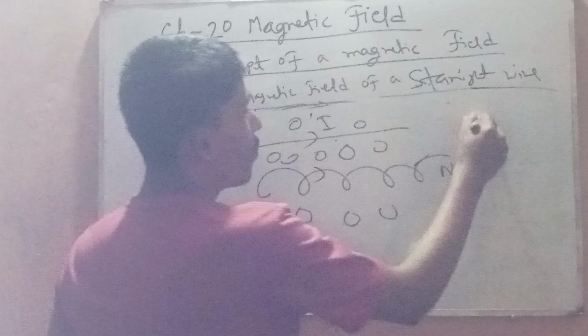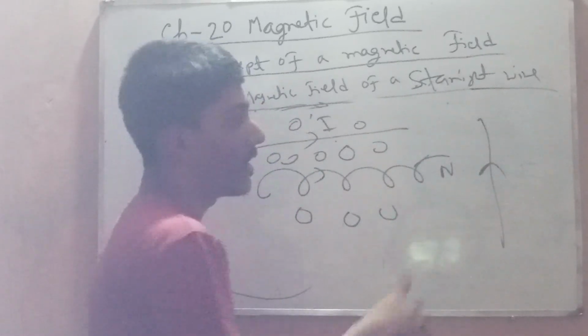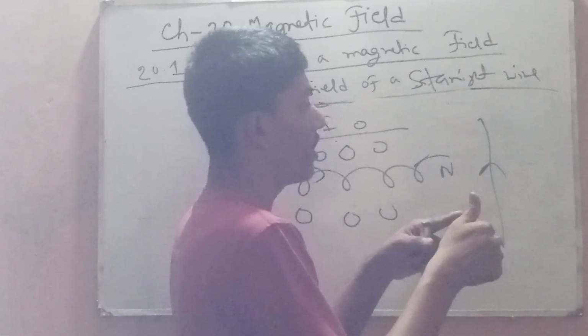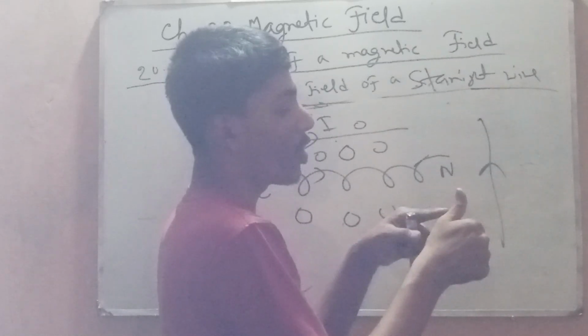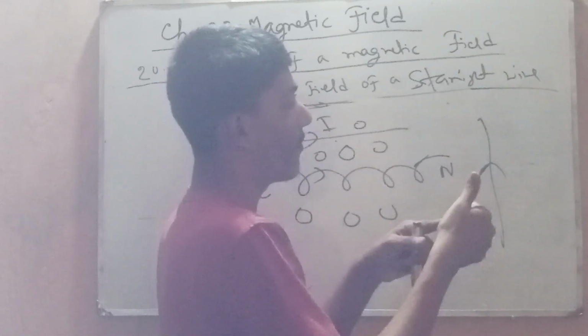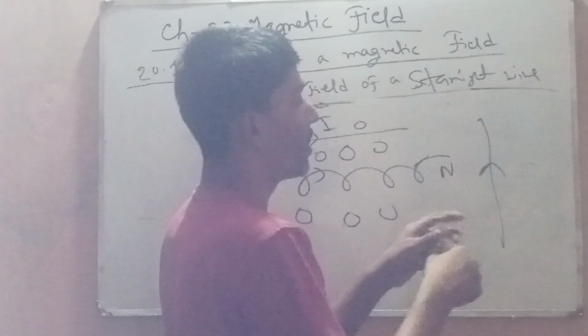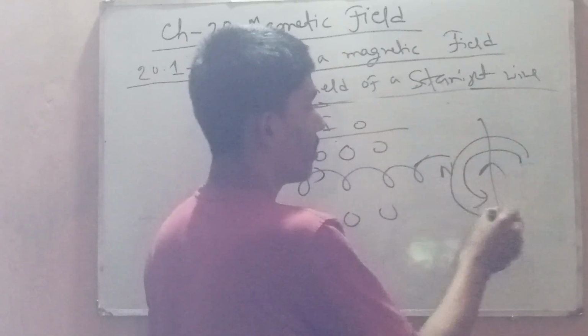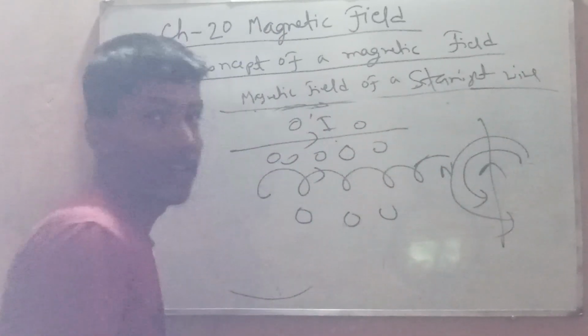And the right hand grip rule is that the thumb points towards the direction of the current, and the curved fingers show the direction of the magnetic field. That's it.